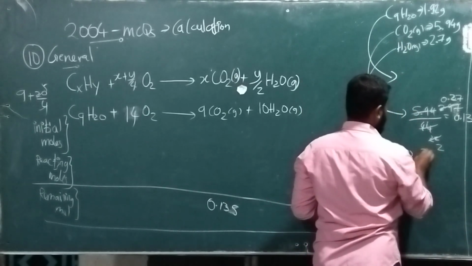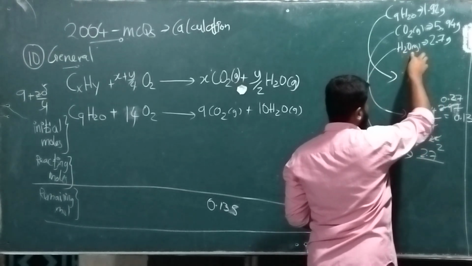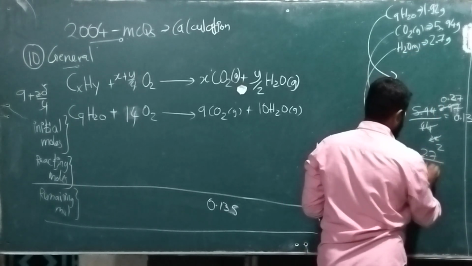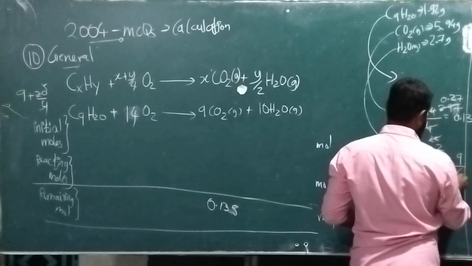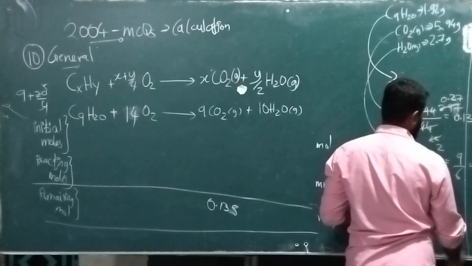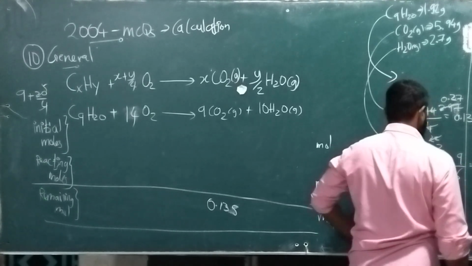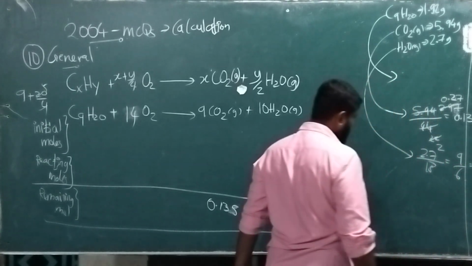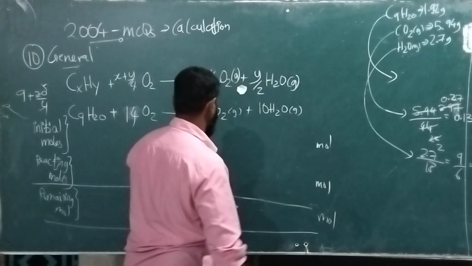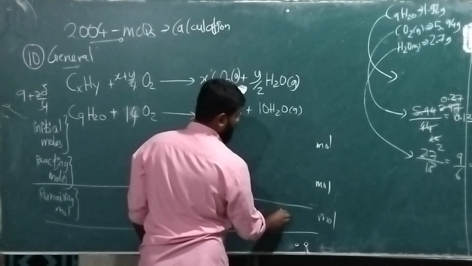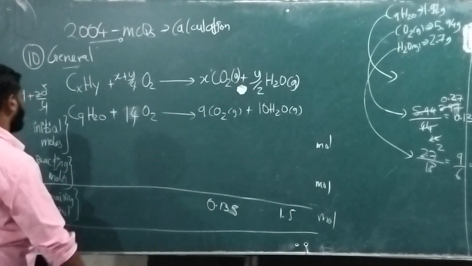For the water, it's 2.7 grams divided by, this is simple, 2 plus 16, 18. So 27 over 18 means 9 over 6, which is equal to 1.5. Yes, it's 1.5 moles formed here.